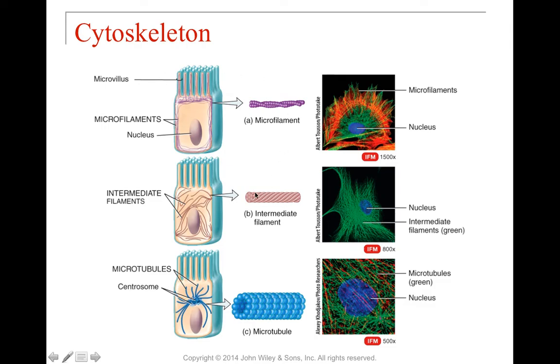We also have these intermediate filaments, which are a little bit larger, and then microtubules, which are much larger, and which are specifically involved in the creation of the spindle fibers when we get to division of the cell. That's actually what's being depicted here: the microtubules are coming across and getting ready to interact with this nucleus that is dividing or is about to be dividing, which means that soon it's going to enter into prophase and soon they're going to end up separating from one cell to the other.